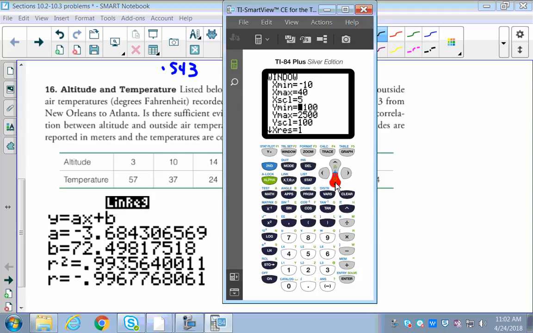Then my Y min is already set at -100. I'll leave it at that, and I'll put Y max at positive 100. But I don't want my scale to be 100, maybe 10. Again, I'm just telling the calculator the size of the window so I can see my data and I can see that line. Okay? Once I have that, go ahead and hit graph.